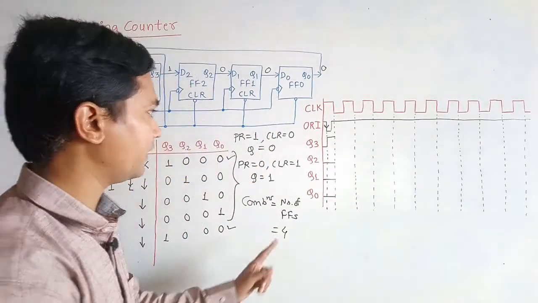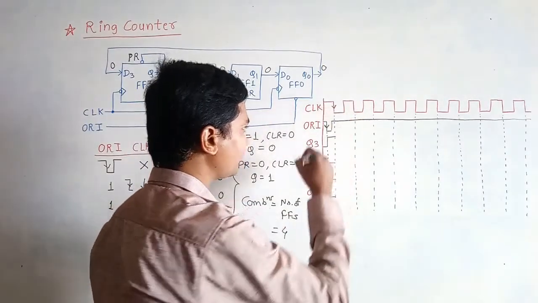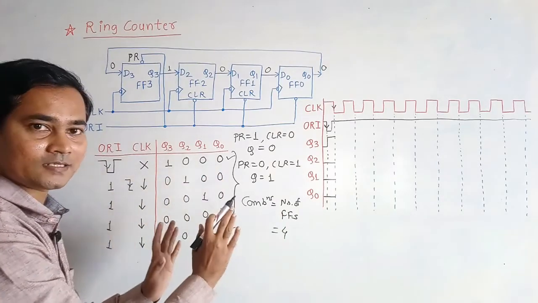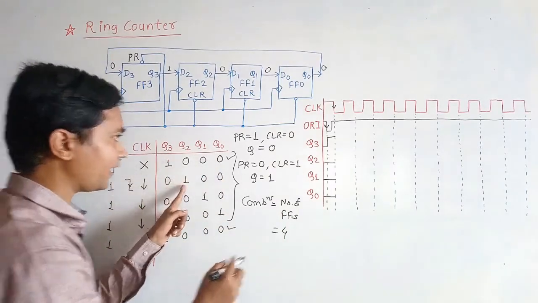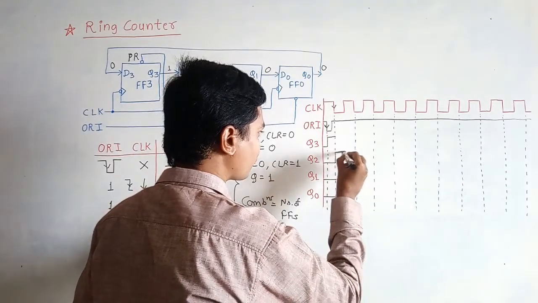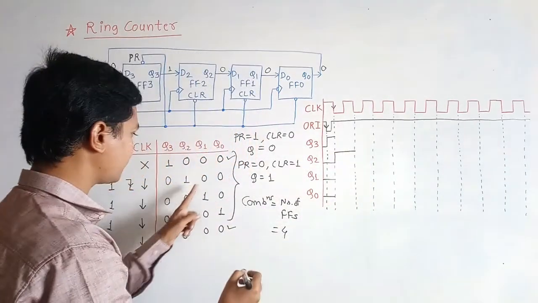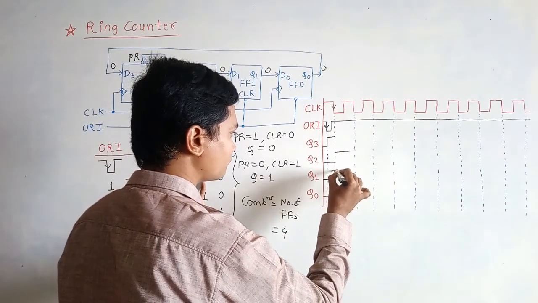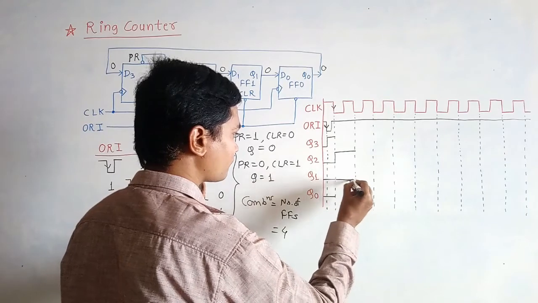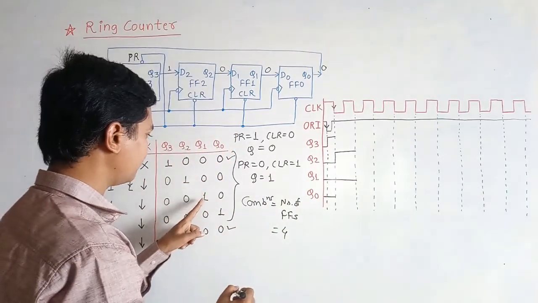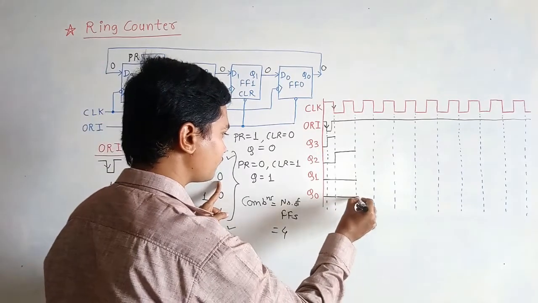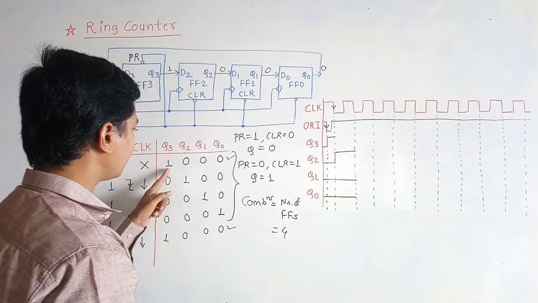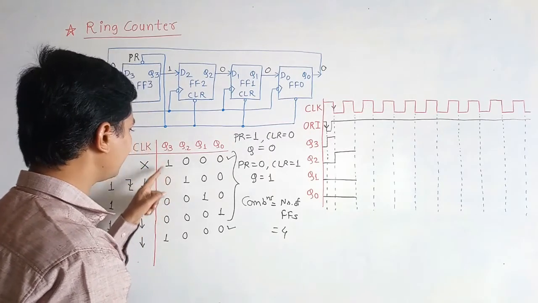Now what will happen when the falling edge is applied on the clock signal? All these inputs will be shifted towards the right side. So here Q2 will become high for 1 clock time period, Q1 will be 0, then Q0 will also be 0, and this Q3 will be 0.